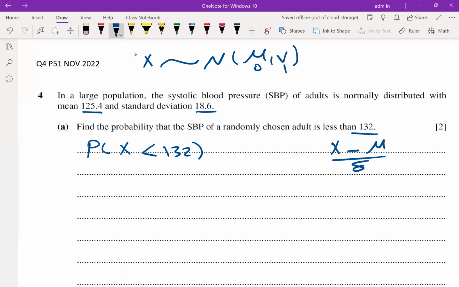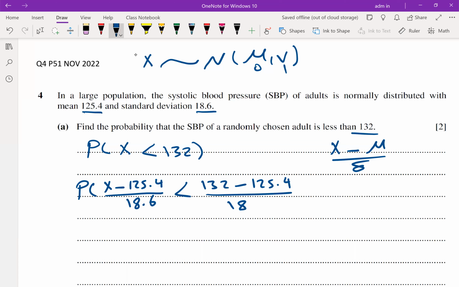So let's now start to standardize it. It will be X minus 125.4 divided by standard deviation, which is 18.6, is less than 132 minus 125.4 divided by 18.6. So the probability of Z less than 132 minus 125.4, all divided by 18.6.